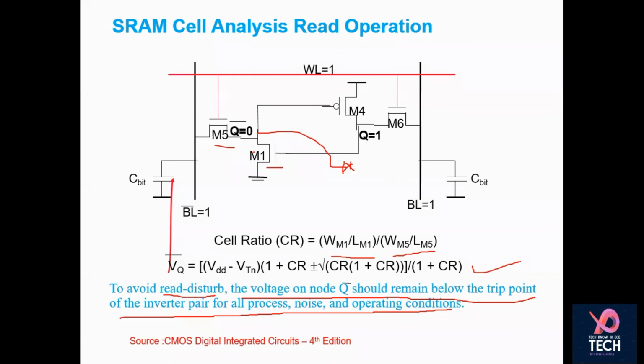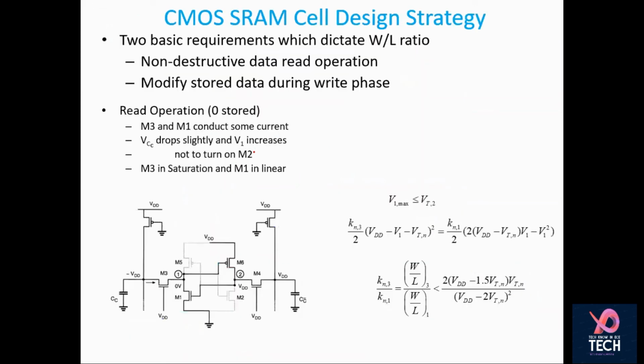And what is that condition? In between operation, there should not be turning on of the device without the desire of the designer. That is how you can achieve it.